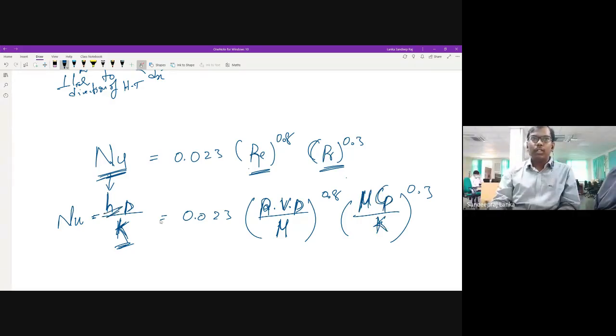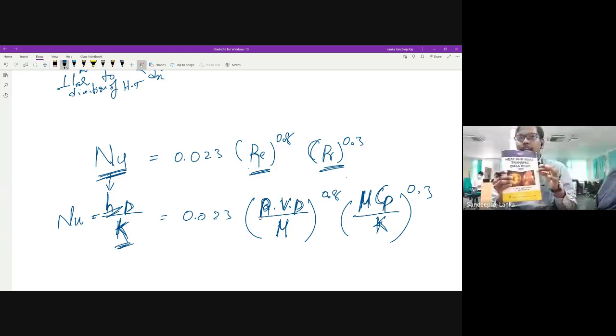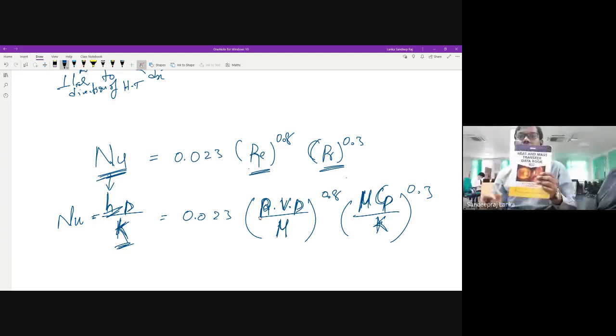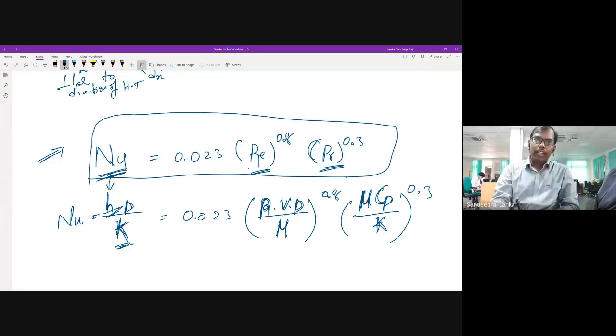So except H, in this equation you know everything. You can find these data from the heat and mass transfer data book I told you about. So this is one example I have shown. In real time, we will have so many cases. For one particular case, this is valid. So based on the given case, you have to select the given numerical correlation and then find H. This is the way you find it.